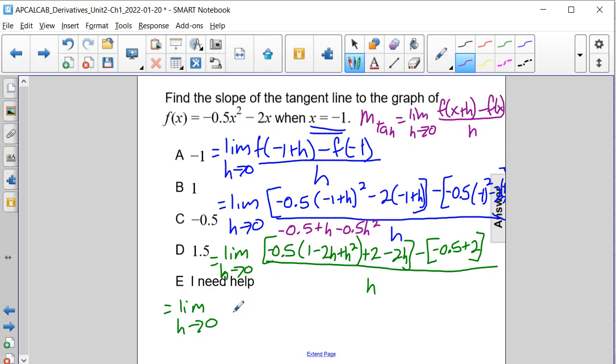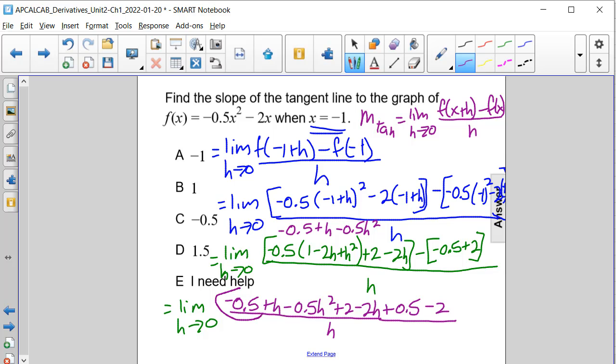So we're still going to have the limit as h approaches 0 of -5/10 plus h minus 5/10 h squared plus 2 minus 2h plus 1/2 or 5/10 minus 2, all divided by h.